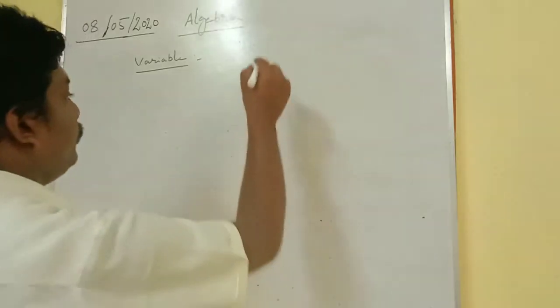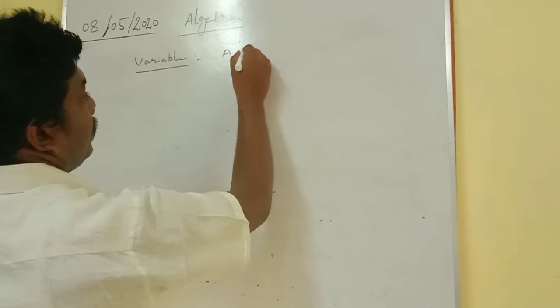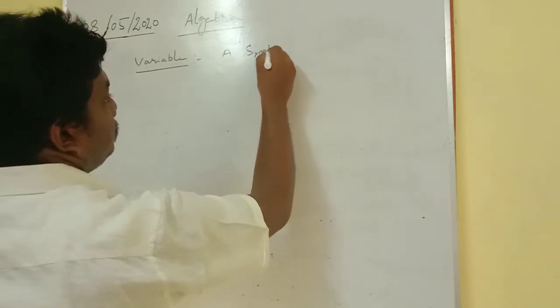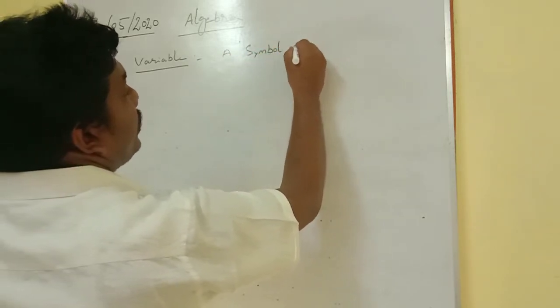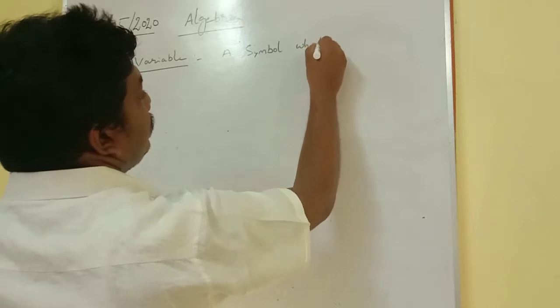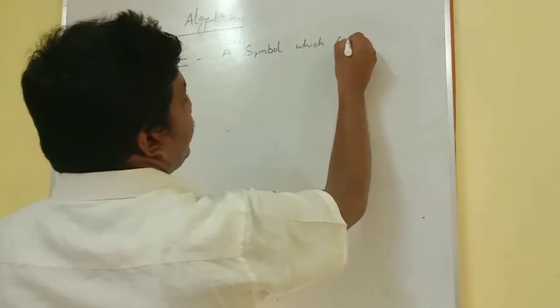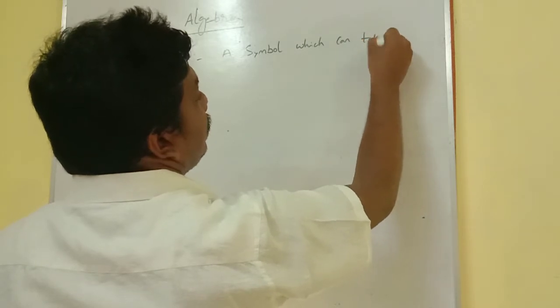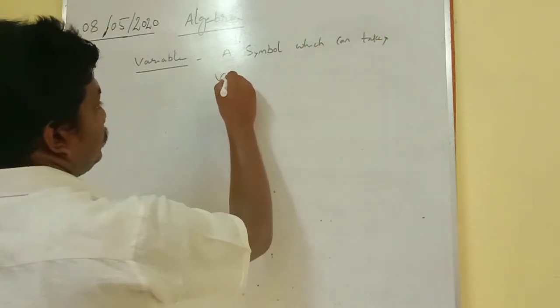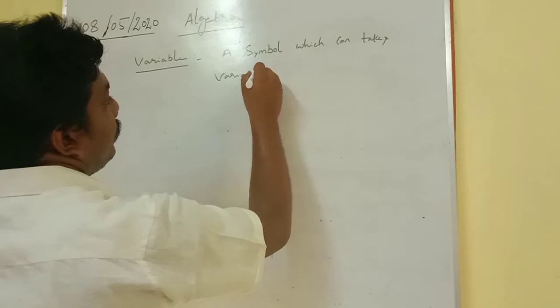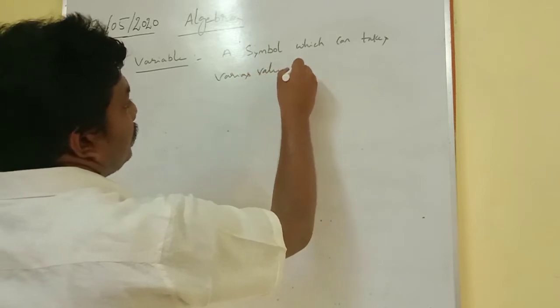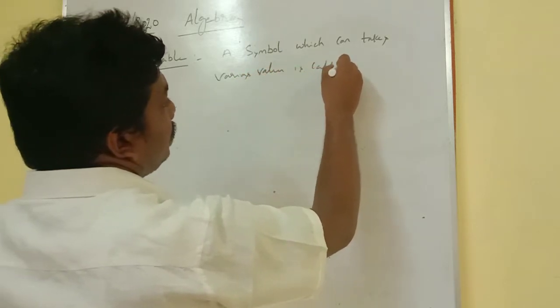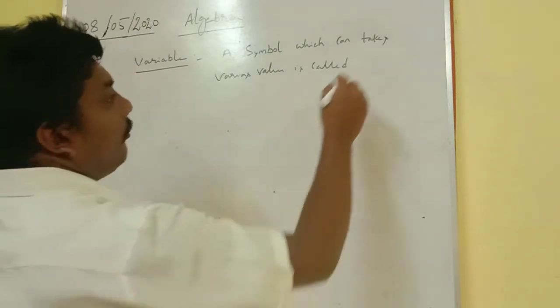A symbol which can take various values is called a variable.